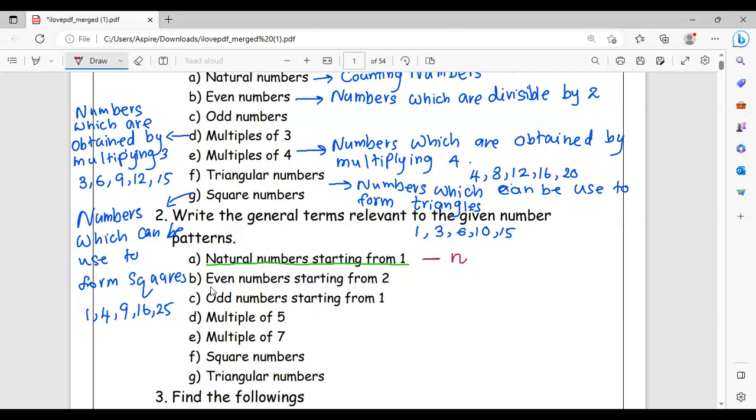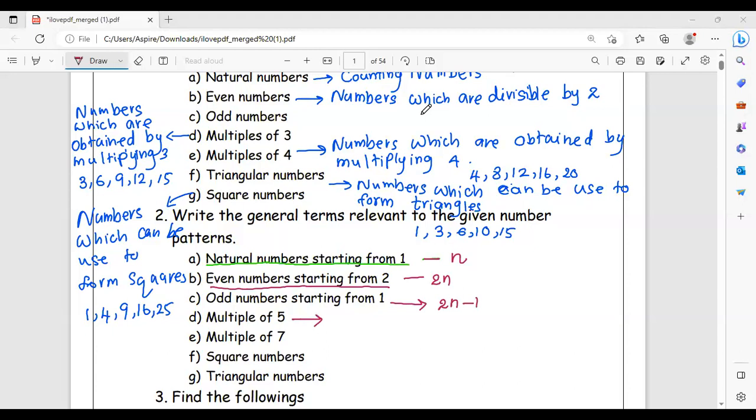What is the general term of even numbers starting from 2? Can you tell me? 2n. Odd numbers starting from 1? 2n minus 1. කාගෙන් හරි අහමු. Multiples of 5.